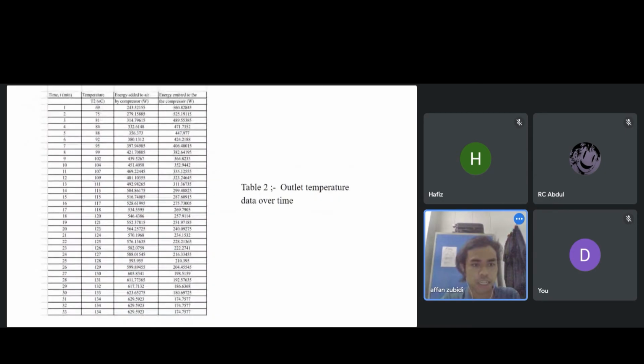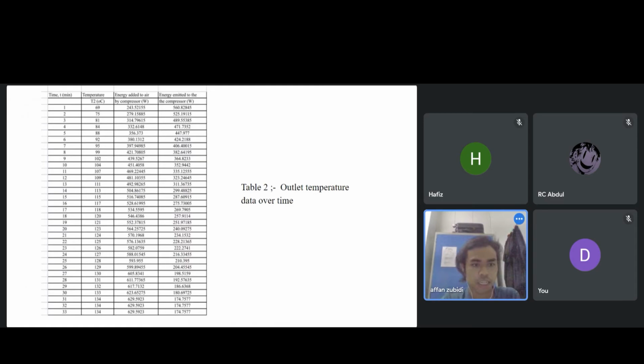Next, this is the data taken during the experiment. We should record the temperature for time starting from the first minute up to 33 minutes.